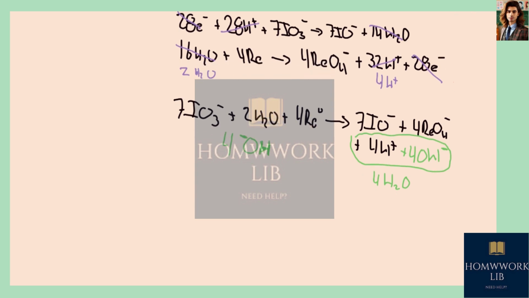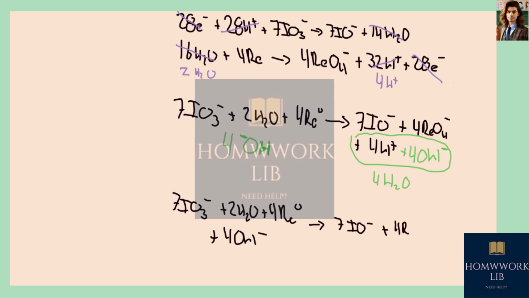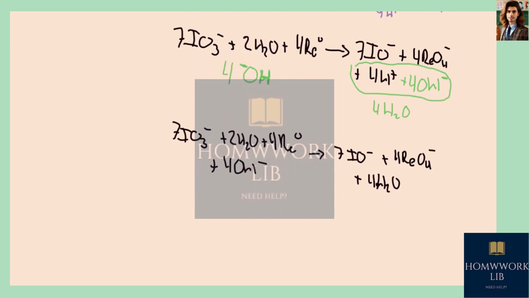Now the reaction becomes 7 IO3 minus plus 2 waters plus 4 of rhenium plus 4 of OH minus is going to generate 7 of IO minus plus 4 of ReO4 minus plus 4 water molecules. Here I can cancel out 2 water molecules with 2 of these, so I end up with 2.